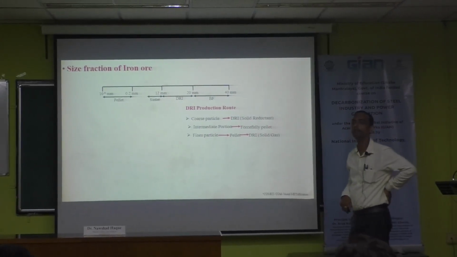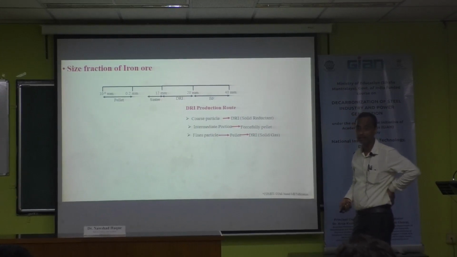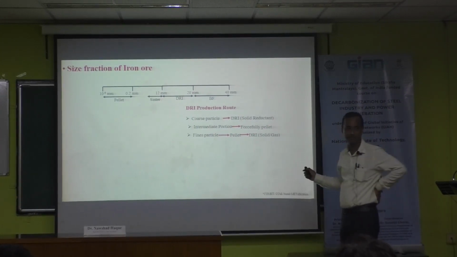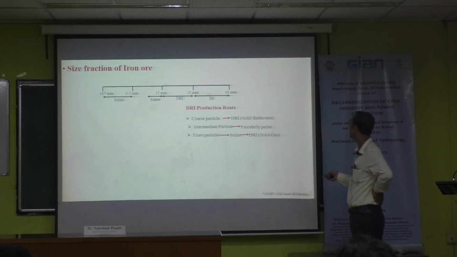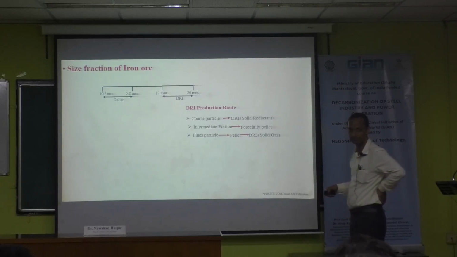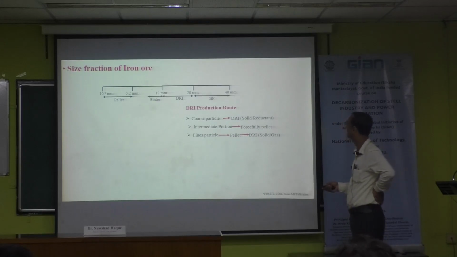And in future, when the blast furnace will not be there, there will be no question of sintering. Fines will go for pelletization. The intermediate portion is from 1 mm to 5 mm.